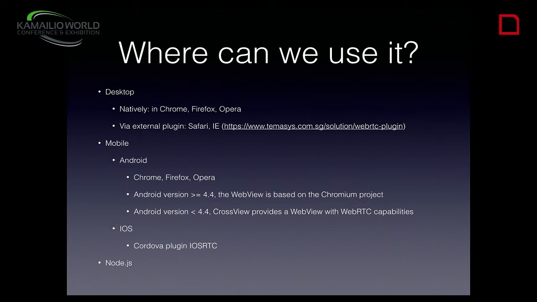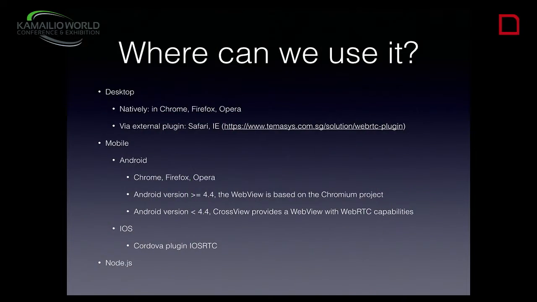And it's not long that we can use it in JavaScript applications, using the native web view in newer Android versions, newer than 4.4, where the web view is based on the Chromium project itself.